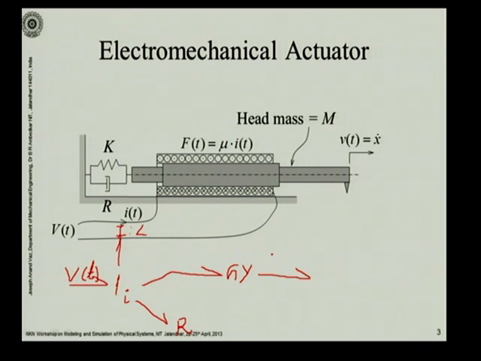So here you will have force, and here you have the current, and here you have the mass of the head. So this can be put here. It is capital M.